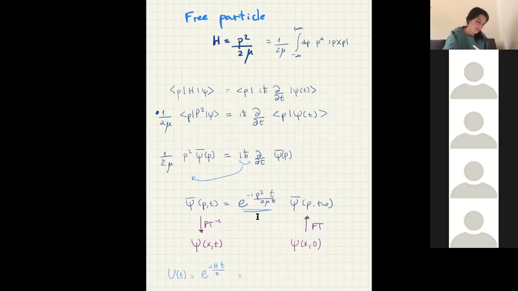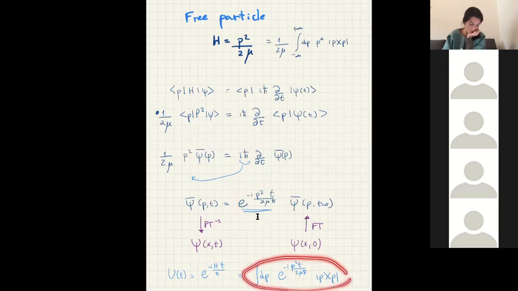And if we take now the form for my Hamiltonian, then this is just e to the minus i p squared t over 2 mu h bar, which matches exactly this, right?